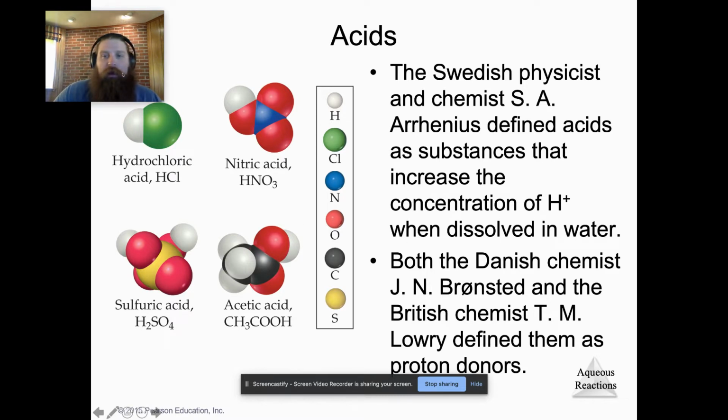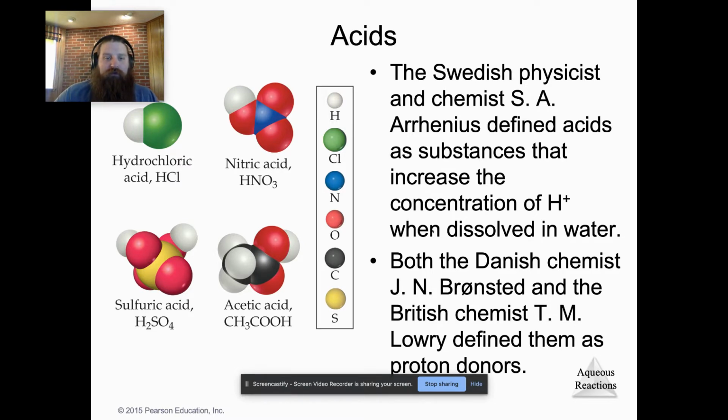Acids, hopefully you remember from last year, there are Arrhenius acids and Bronsted-Lowry acids and Lewis acids, right? There are different ways, I guess, that we can categorize an acid. The initial definition by Svante Arrhenius was that acids are substances that increase the concentration of hydrogen cations in solution.